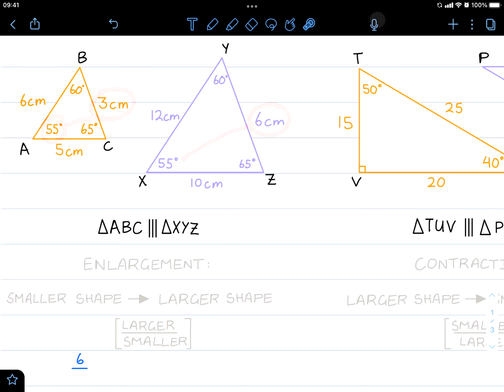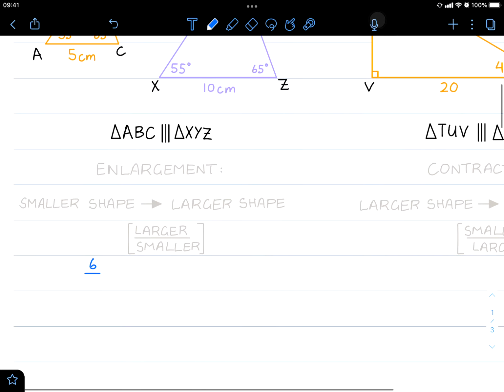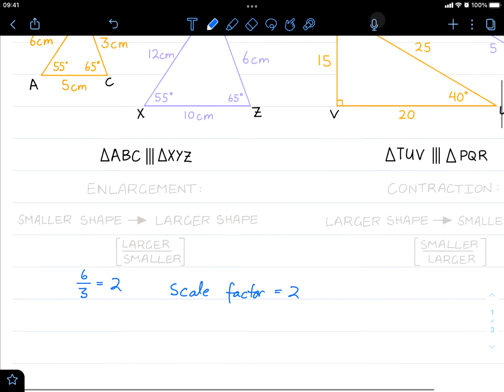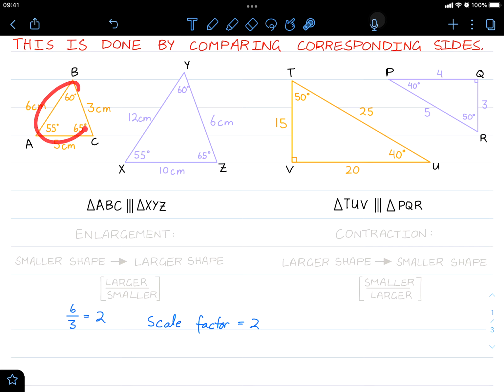So those two sides are corresponding. So 6 divided by 3, you can use your calculator for that, but 6 divided by 3 is 2. So the scale factor for this is 2. From the orange to the purple, it's been multiplied by 2.